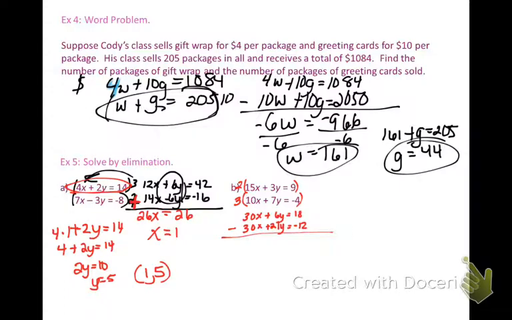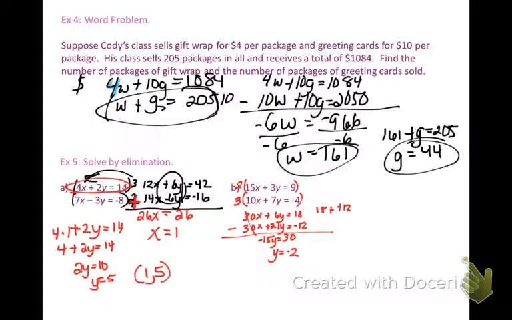So 30x minus 30x is 0. 6y minus 21y would be negative 15y equals 18 minus negative 12. If you wrote it out like this, that would make it a plus sign, right? So that would be 30. I forgot the y on that one. So y equals negative 2.